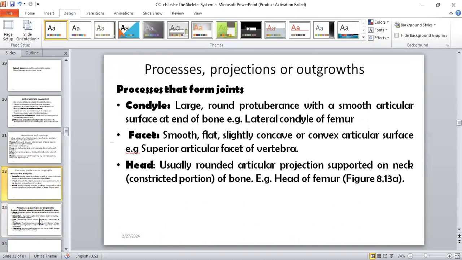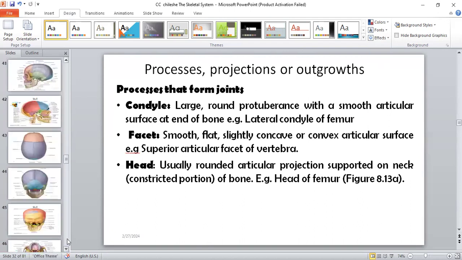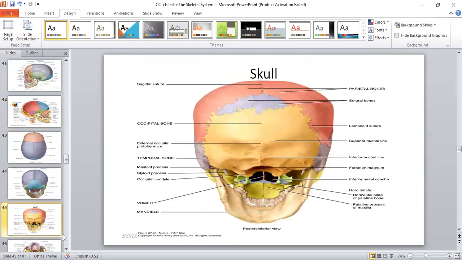Then we have a facet. A facet is a flat, slightly concave or convex area which is important for articulation, okay?